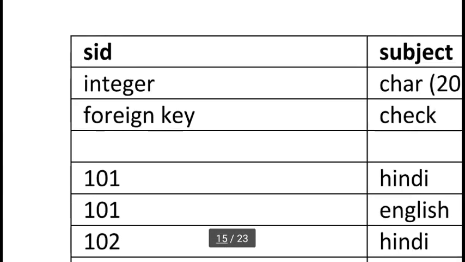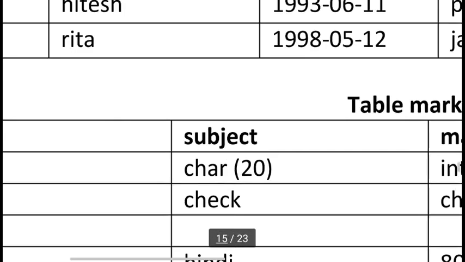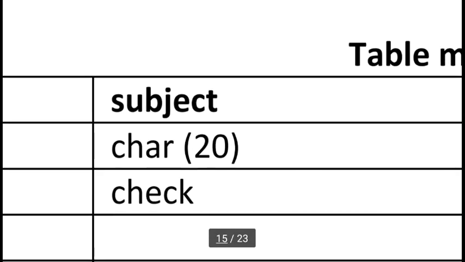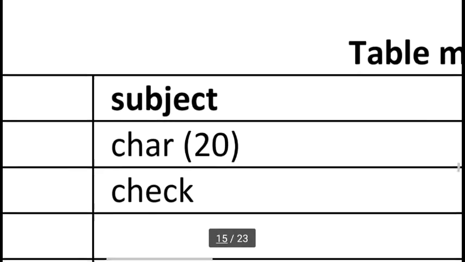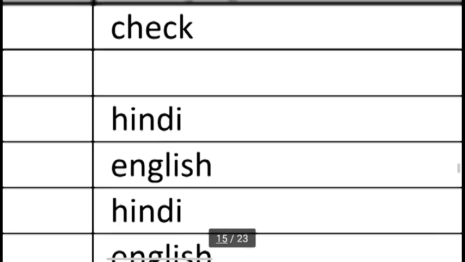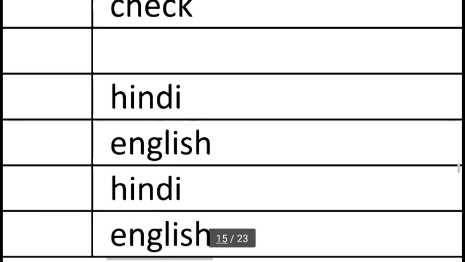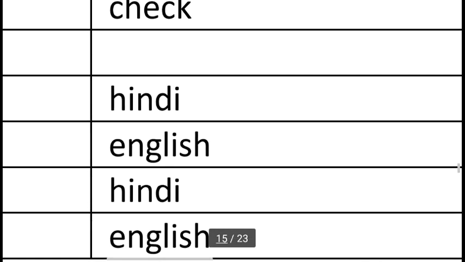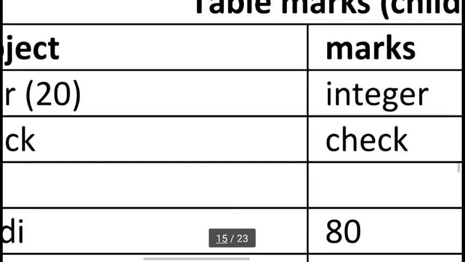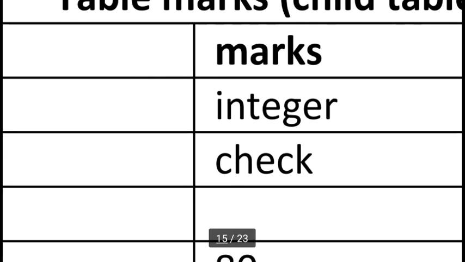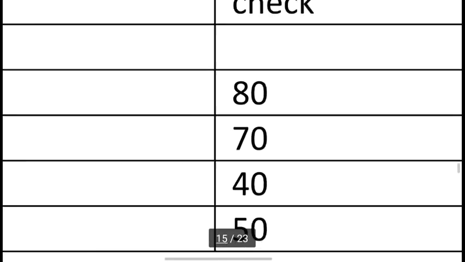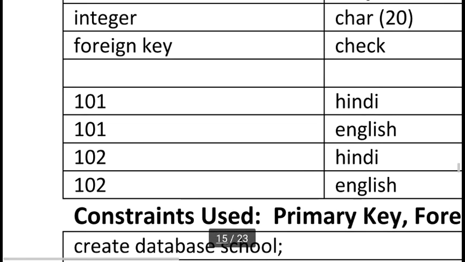Here in the marks table we use a new column name, subject, character 20, with a check constraint, Hindi or English, only two subjects we can include. Or marks, integer, and here we can use a check constraint on the marks of students. You can see here 101, 101, 102, 102 are duplicates, because in a foreign key we can repeat our data.